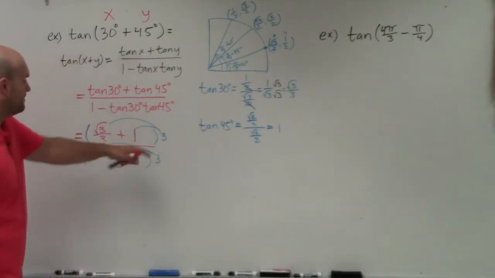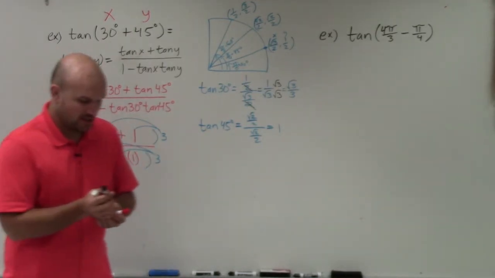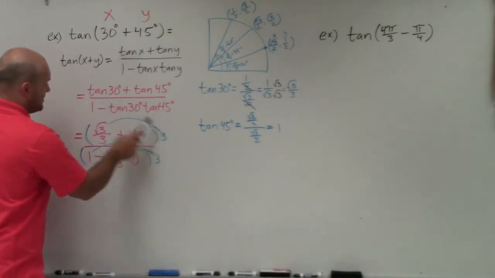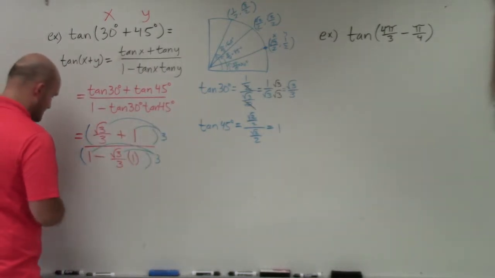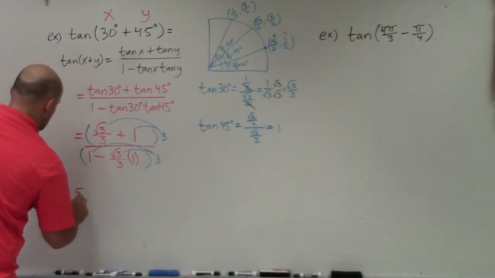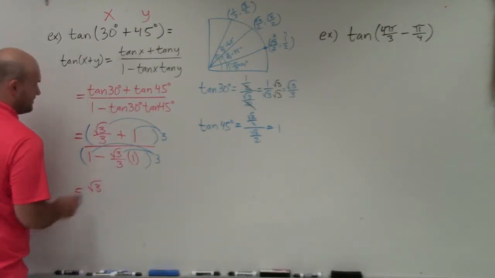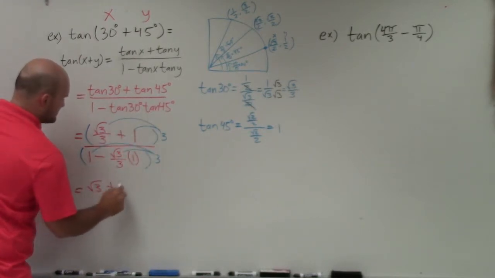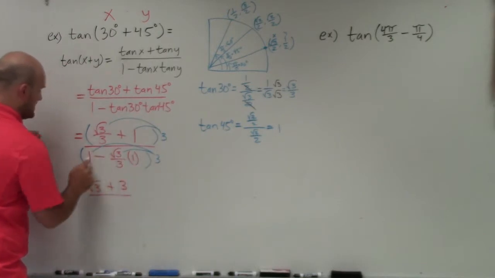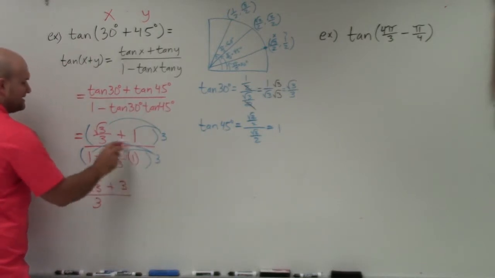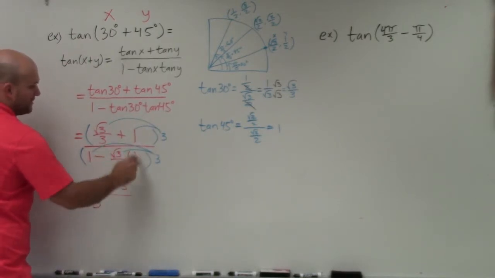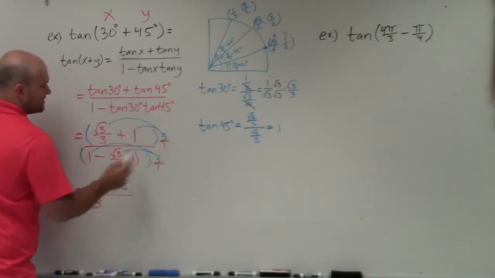Now, I'm not going to show my work because I'm getting a little bit low on space. So 3 times the square root of 3 over 3 is just going to leave us with the square root of 3. 3 times 1 is 3. 3 times 1 is 3. 3 times negative square root of 3 over 3: the 3's, again, are going to divide out. You can think of these 3's as over 1.